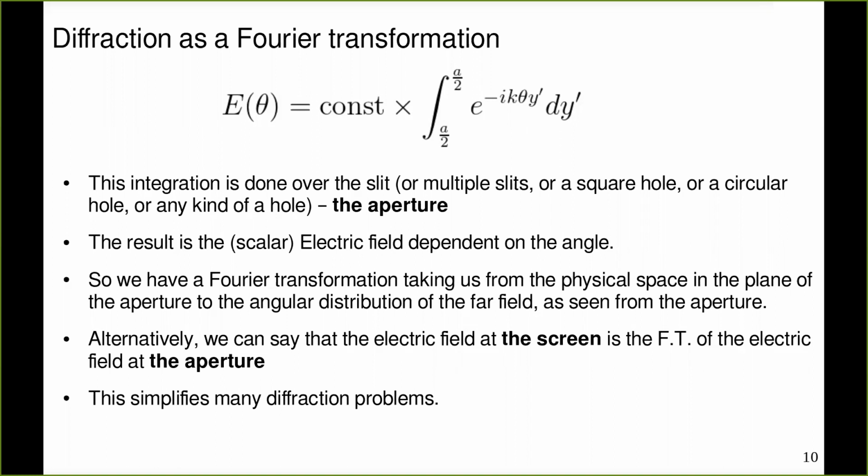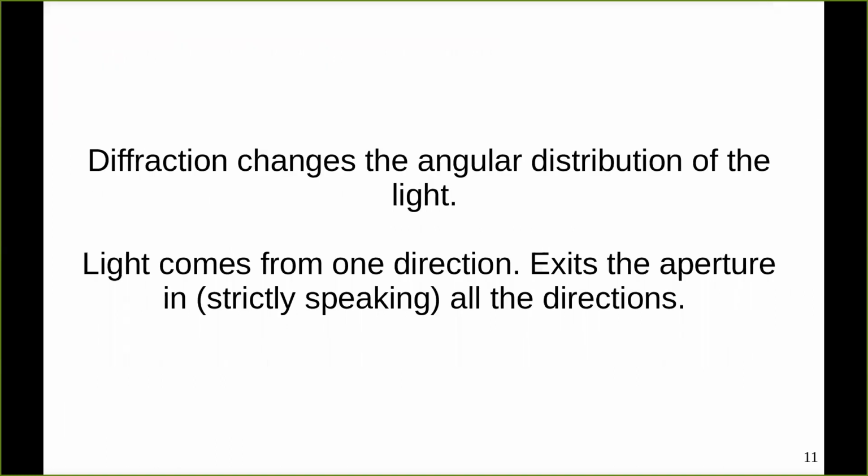Anyway, we are talking about diffraction. For the people who are watching this later, we're talking about diffraction using Fourier transformation now. Basically, what diffraction does is that it changes the angular distribution of the light. When we are looking at one wave, light comes from one direction, and then, strictly speaking, this delta function in direction gets spread into some other distribution, which will depend on the shape of our aperture and so on.